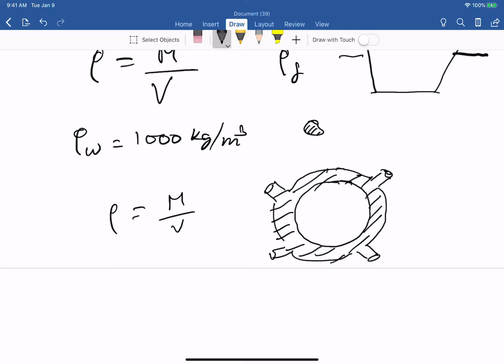If the submarine wants to float up, all it needs to do is use compressed air to push the water out and empty the ballast tanks. In that case, the effective volume of the submarine goes up, the density goes down, and the submarine floats up.